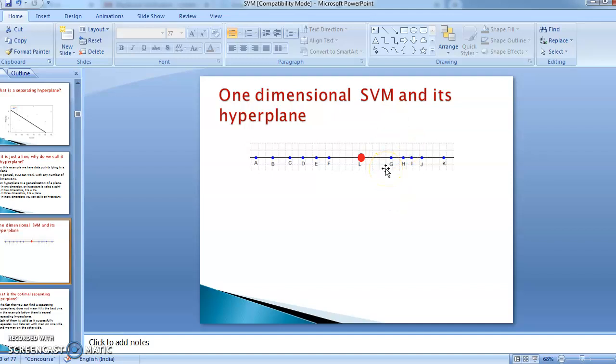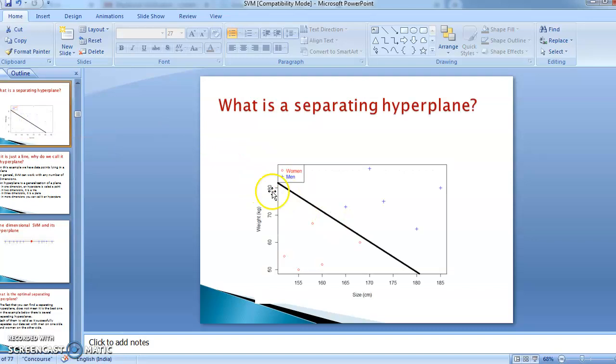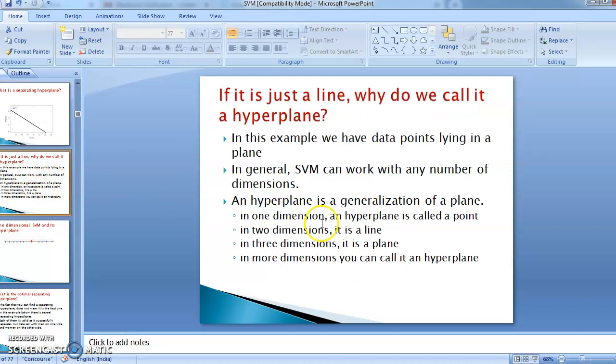If you have two-dimensional data, then the separating hyperplane is a line. If you have three-dimensional data, then the separating hyperplane is called a plane, and if you have more dimensions, then we call the separating hyperplane a hyperplane.